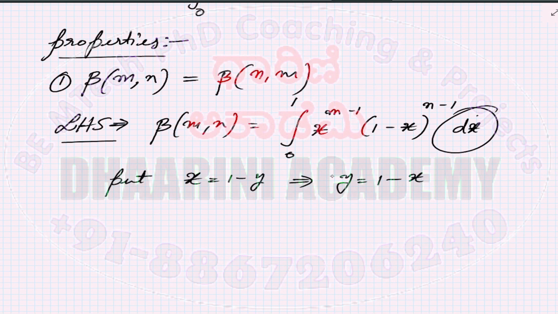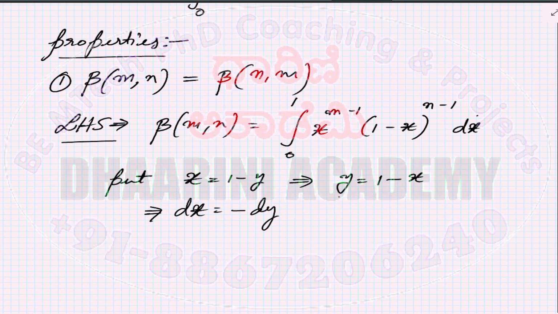To find that, I differentiate my first part of the substitution. That is, this implies dx is equal to, 1 differentiates to 0, minus dy. In the sense, where I see a dx, after substitution, this dy will take its position. Okay, that is the meaning.